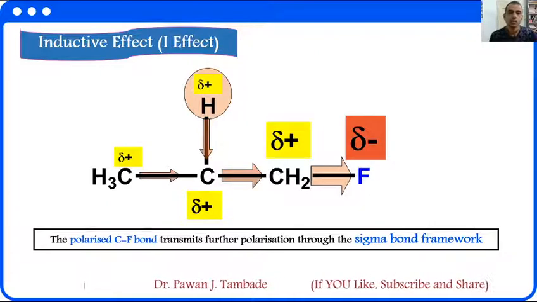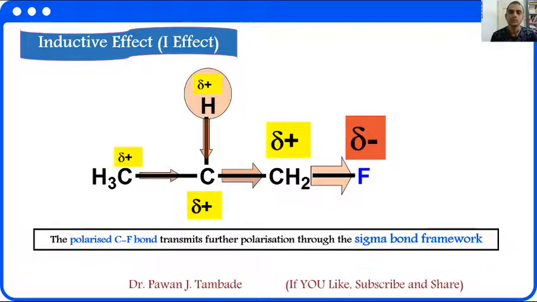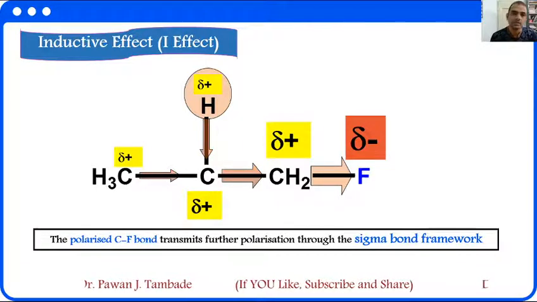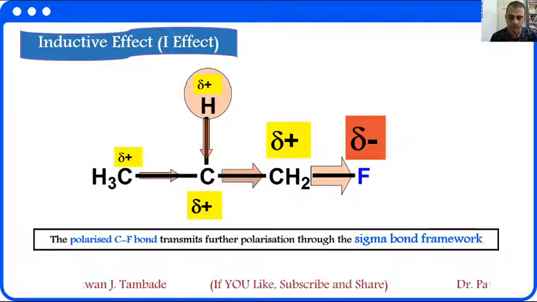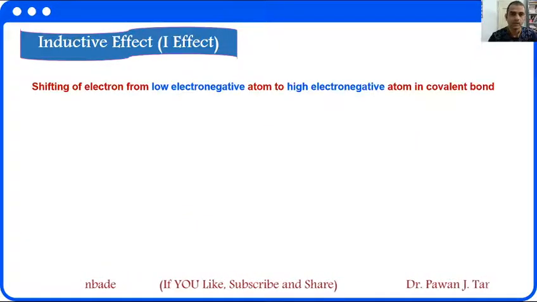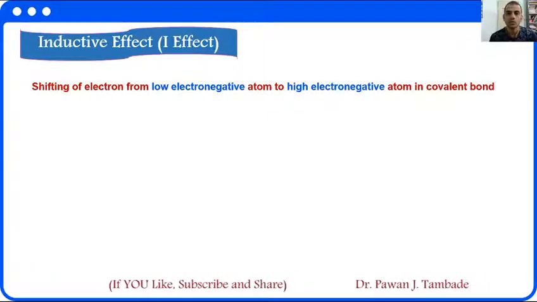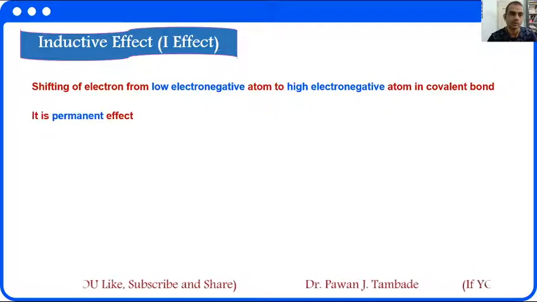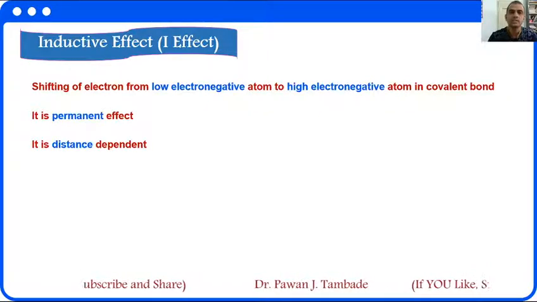So the polarized carbon-fluorine bond transmits further polarization through the sigma bond framework. This is called inductive effect. Inductive effect is the shifting of electrons from a less electronegative atom to a more electronegative atom in a covalent bond. It is a permanent effect. It is distance dependent.